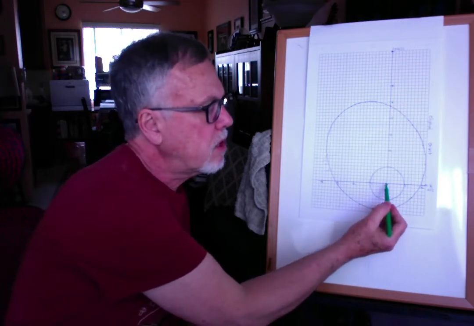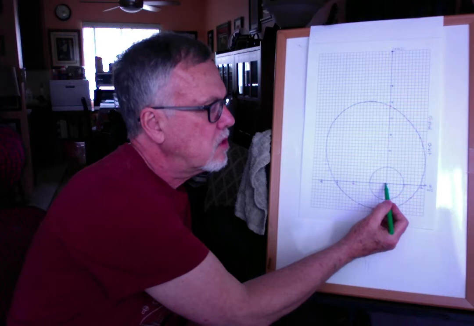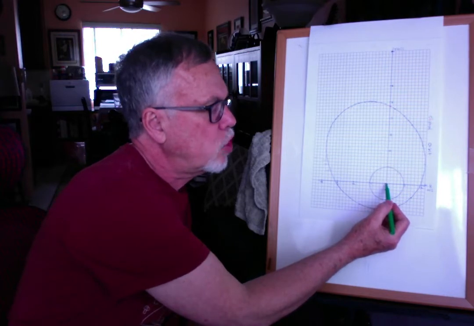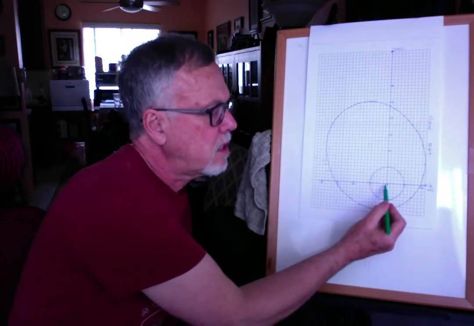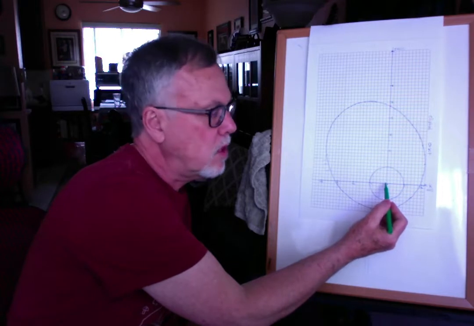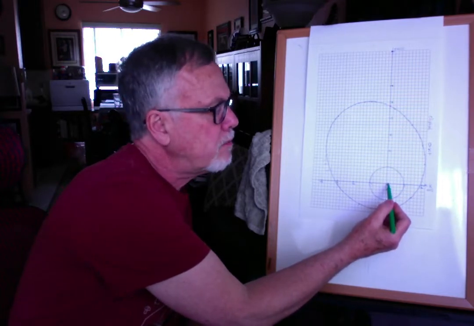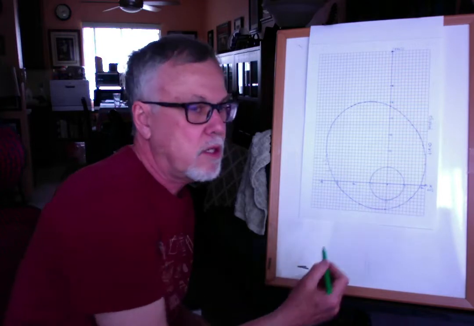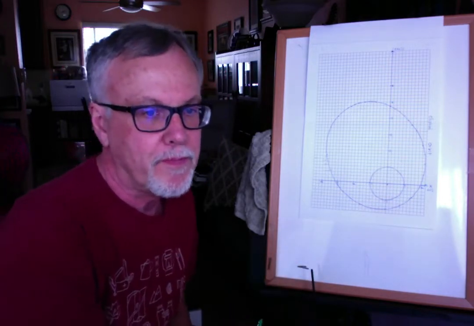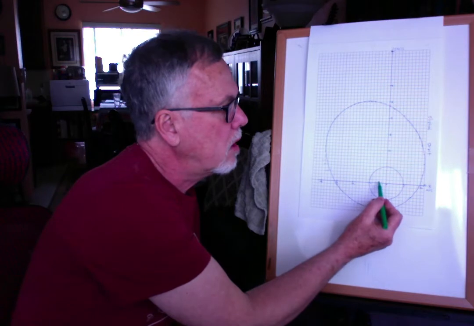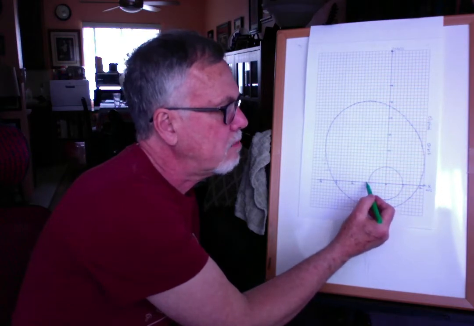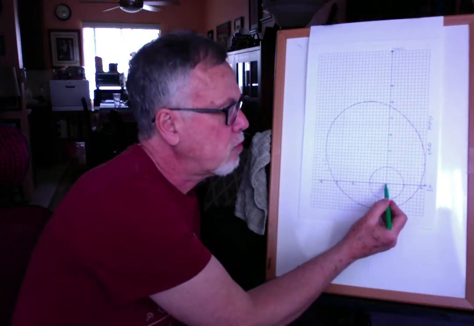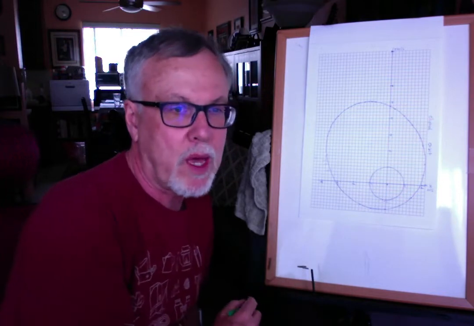We count the radius of the moon from the center origin of the XY axis. So that's where the center of the moon is. We count out 5 of the grid marks, 1, 2, 3, 4, 5, and we give that a unit of 1. And we go the other way, 1, 2, 3, 4, 5, that's a -1, again, because we relate it to that origin of the XY axis.